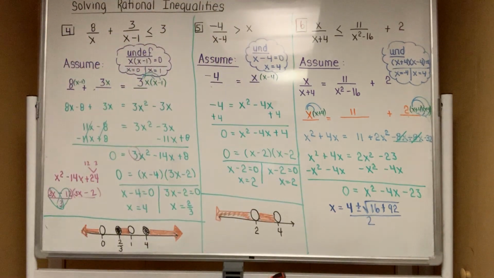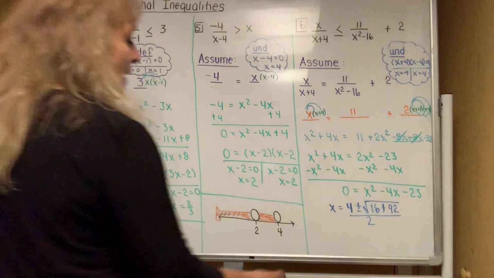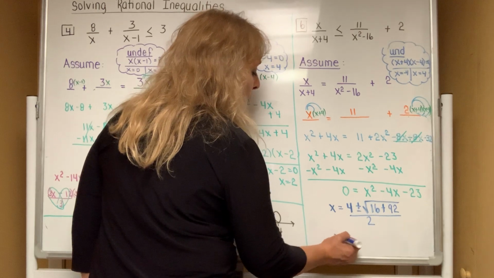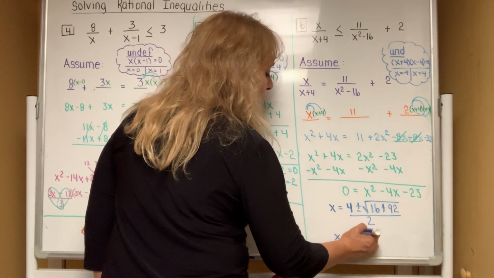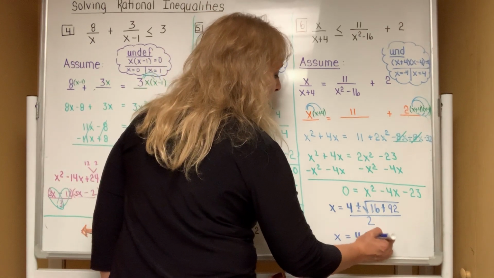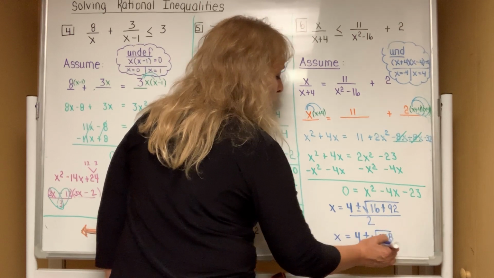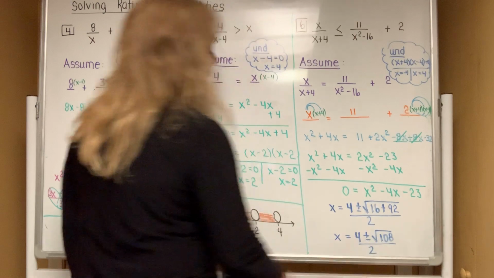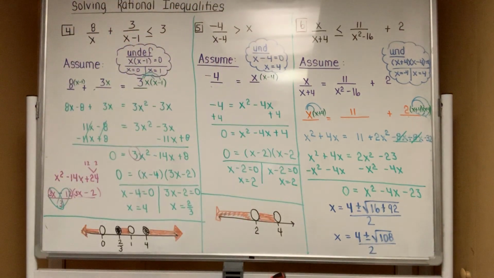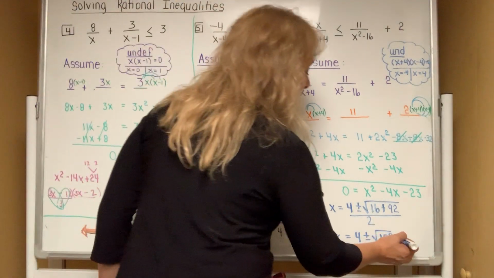Now you can clean that up, and I wish it was factorable, and it was my every intention to make sure that it was factorable, but I messed up somewhere. So x is equal to 4 plus or minus the square root of 108 all over 2. And I'm not even going to simplify. I'm going to wing it. I wish I had nice values. I'm sorry I messed up.